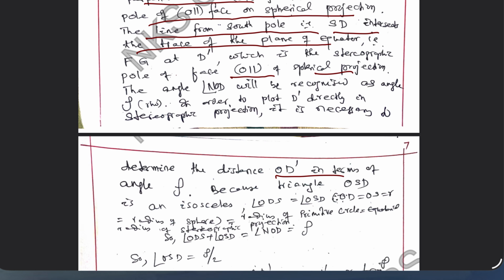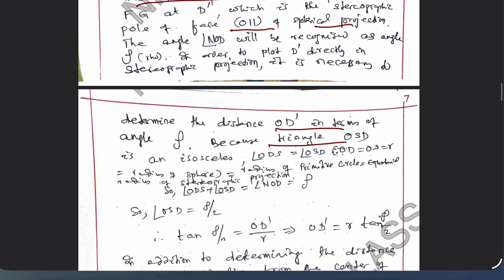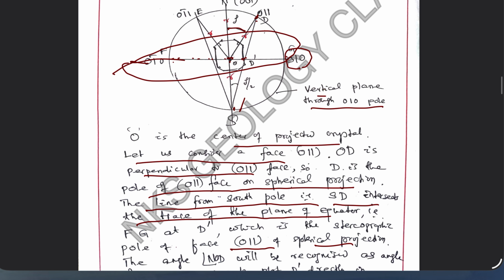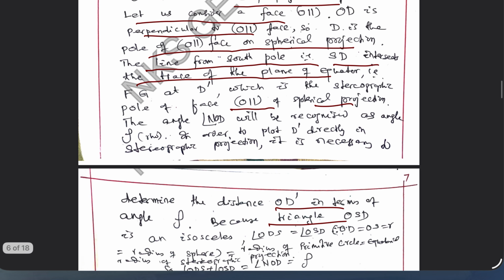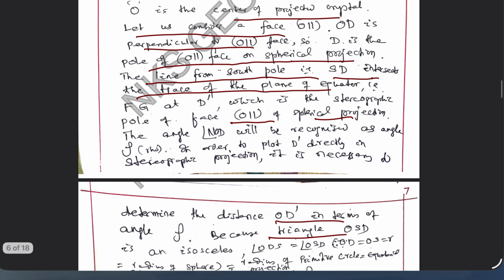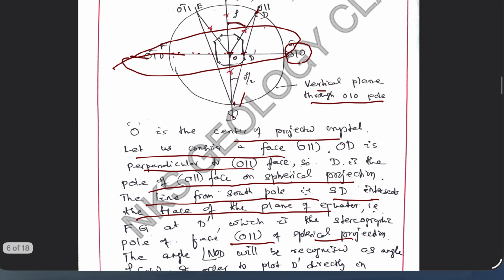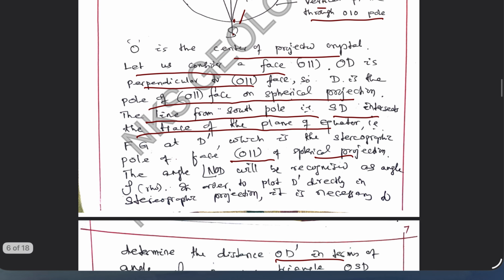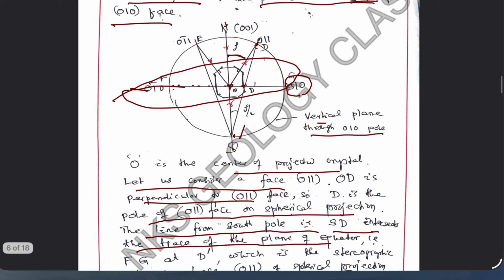Determine OD dash in terms of angle rho, because triangle OSD is isosceles. ODS is equal to OSD, and they will be equal to rho by 2 because this angle is rho.